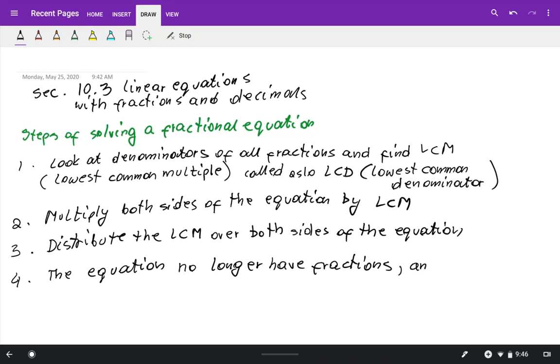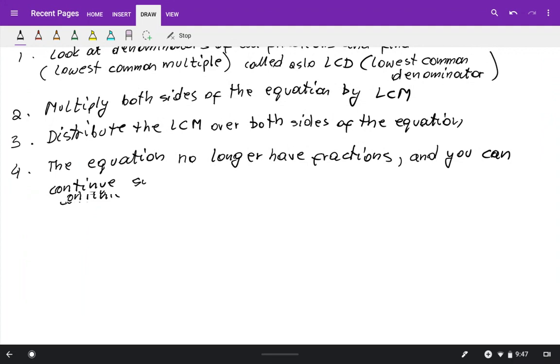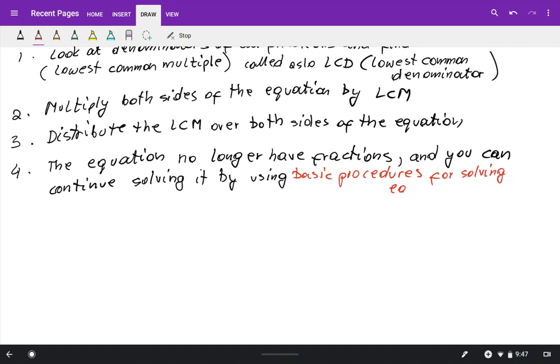And you can continue solving the simplified equation by using basic procedures for solving equations, which means combine like terms, move your variable to the left side, move the other terms to the right side, and isolate your variable.